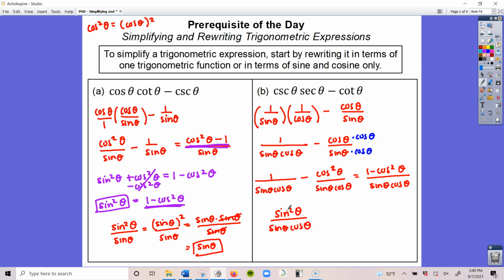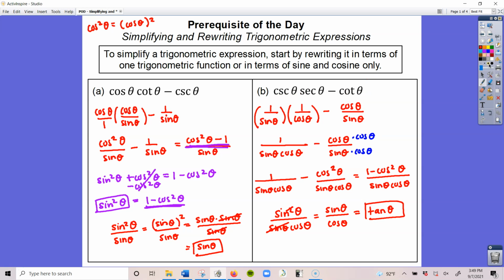Remember that sine squared means there's two sines, so I can cancel one of them and that will get rid of the exponent because now I've taken one away. So this is now sine theta over cosine theta, and sine divided by cosine is equal to tangent theta. So this would be the simplified version of this expression.